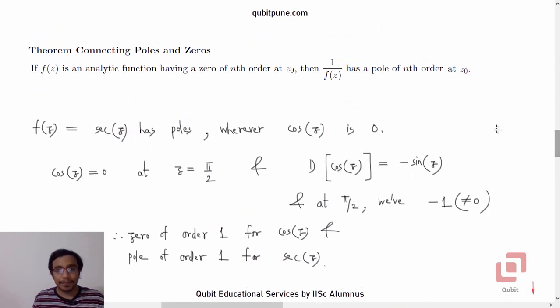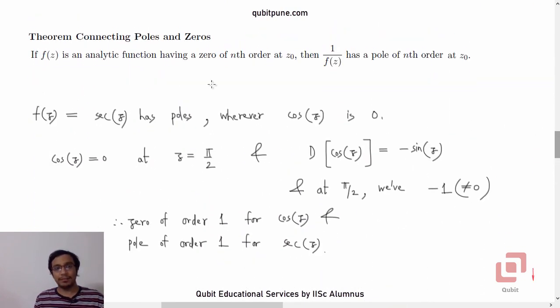Now the last theorem is the theorem which connects the poles or isolated singularities and zeros. If it is an analytic function, we have already seen from the previous theorem that the zeros are isolated too. Now what does the theorem say?